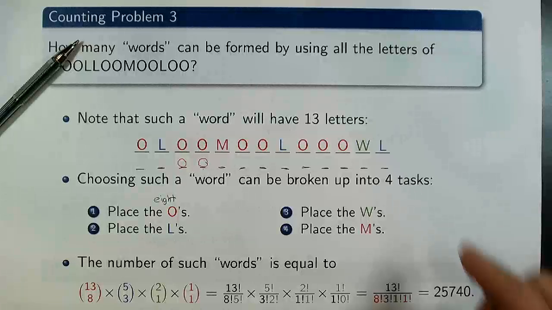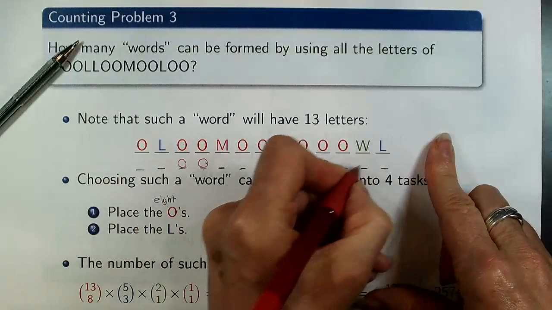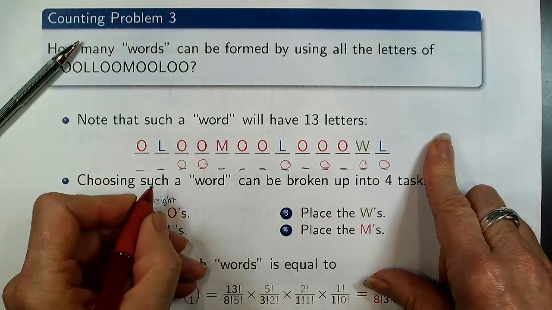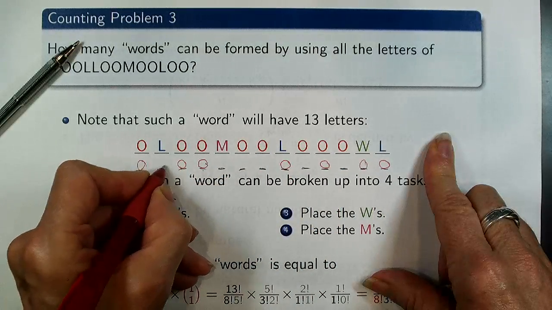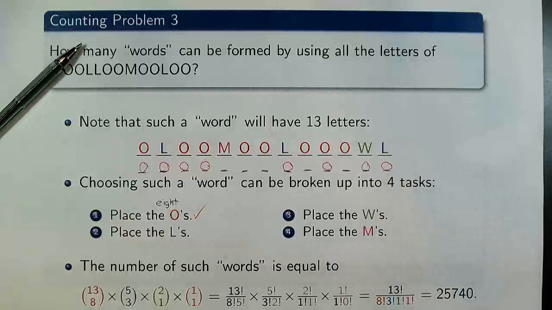And it doesn't matter what order I choose them in. I just need to end up with 8 O's. It doesn't matter in which order I write them. So it's no repetition, unordered. So it's 13 choose 8. Good. Task 1 is done. We can tick that off.